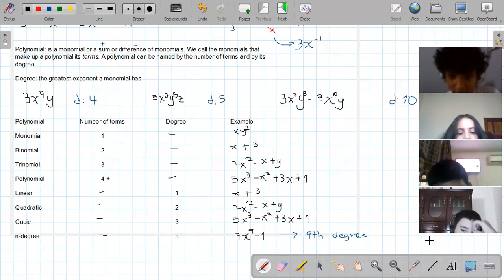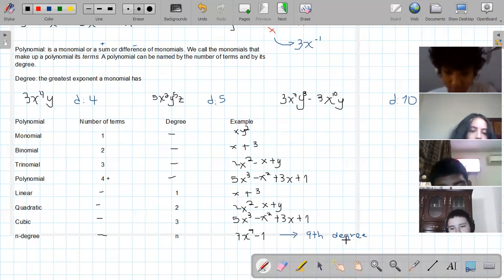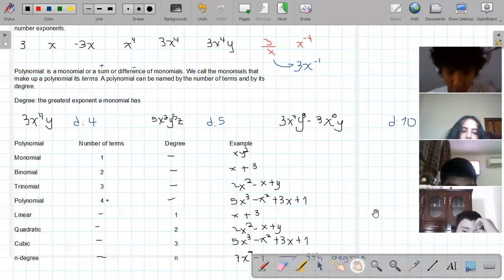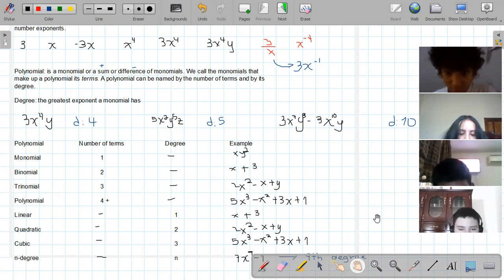These are the types of polynomials that we can name according to their amount of terms and to their degree, okay? And we have some examples in here. So let's copy this little table so we can know the degree and the name. If I say to you guys, write a binomial of degree 2, you need to write a binomial of degree 2.